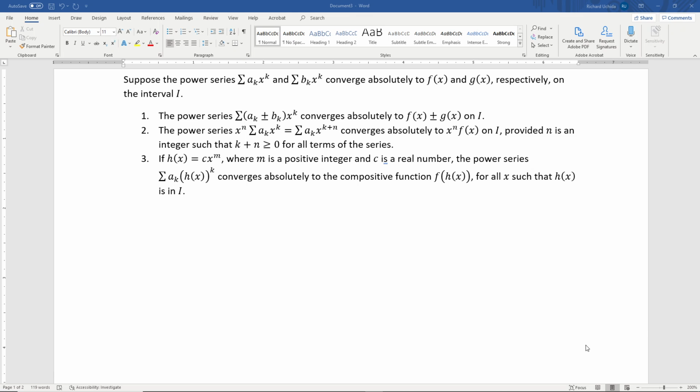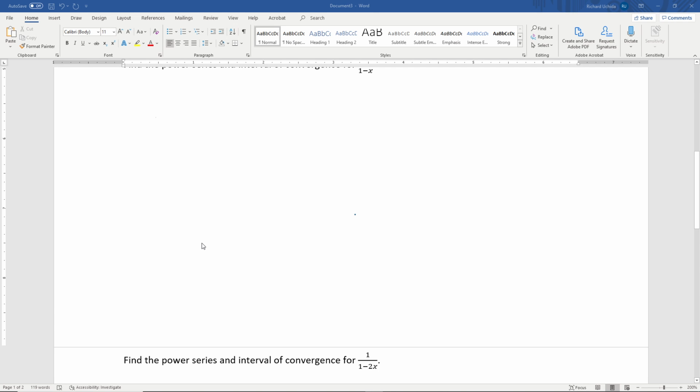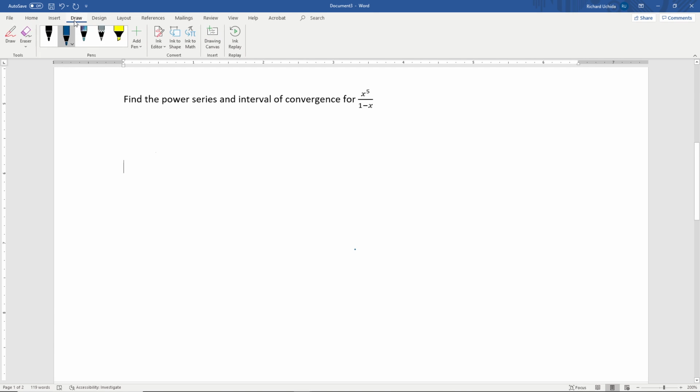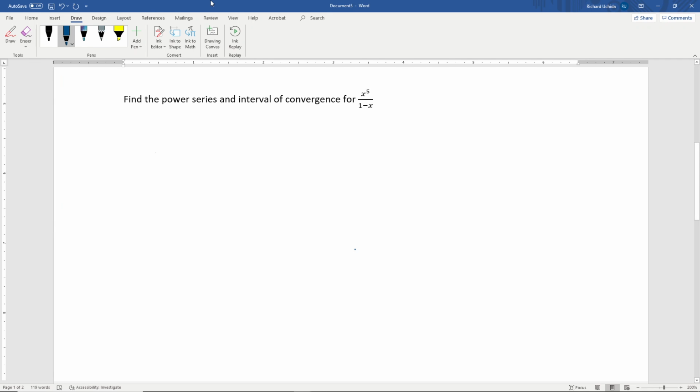Now let's look at a few examples. Specifically, let's look at examples of the second property first. Let's say we're told to find the power series and interval of convergence for x to the fifth over 1 minus x.